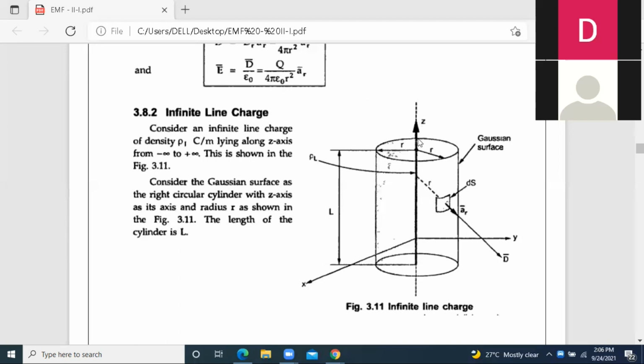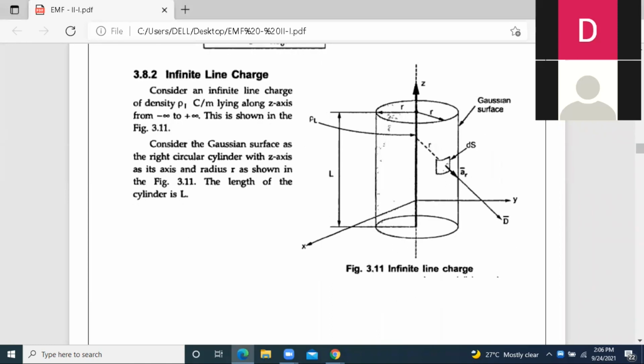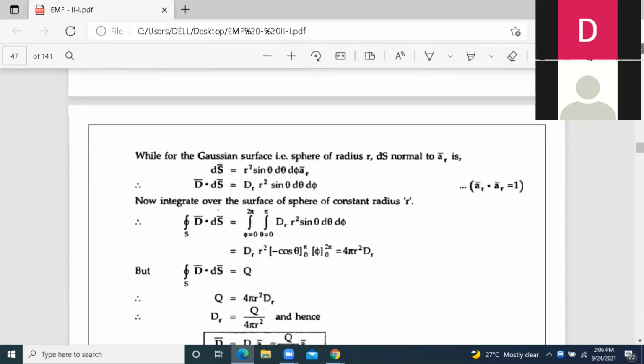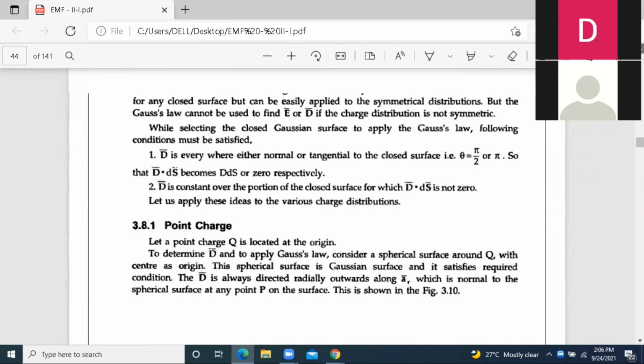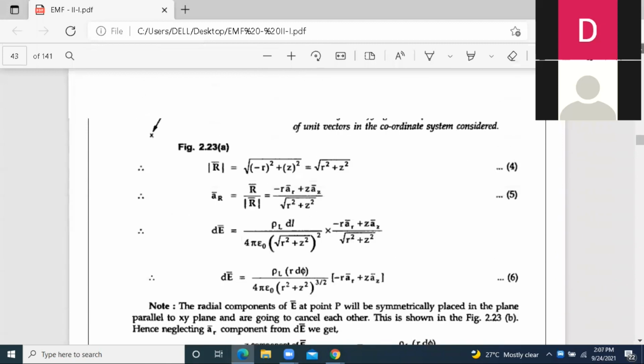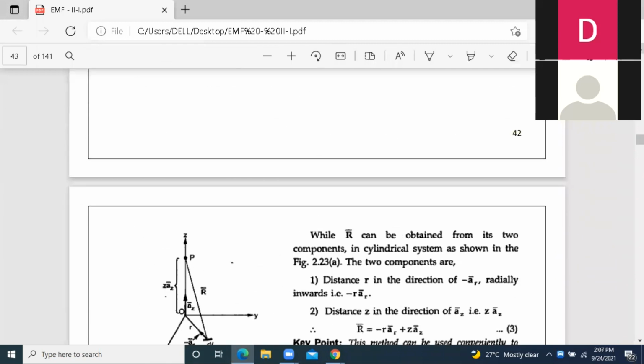The infinite line charge. That's the one where you said it was at a wall or something. No, man. Last week. This is what we did last week. Let me find it. You guys not doing enough work now.